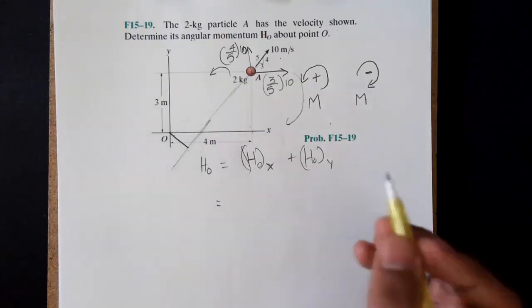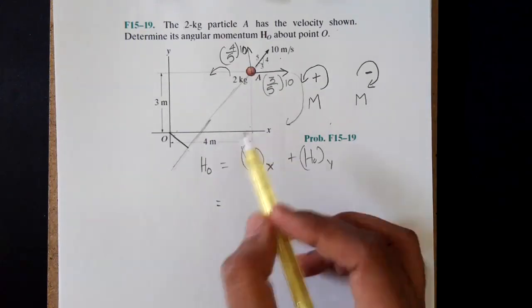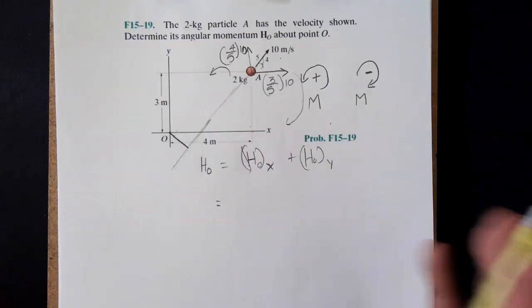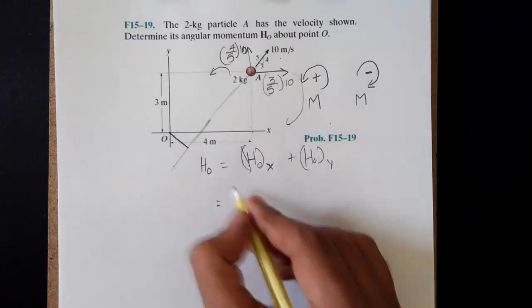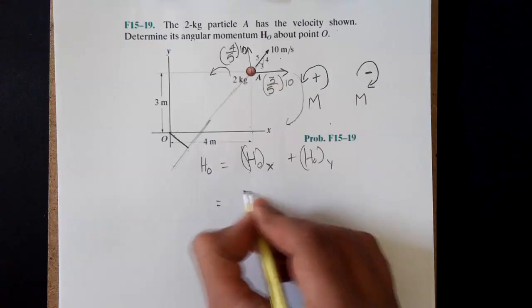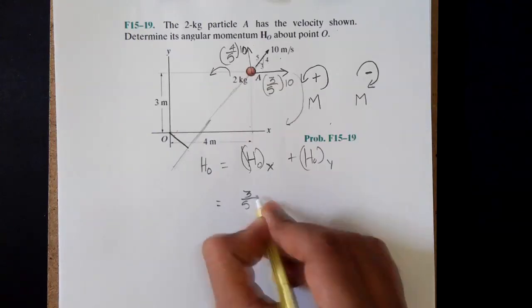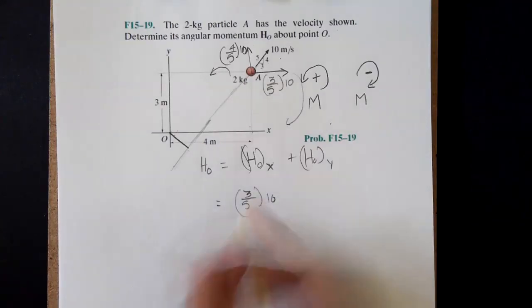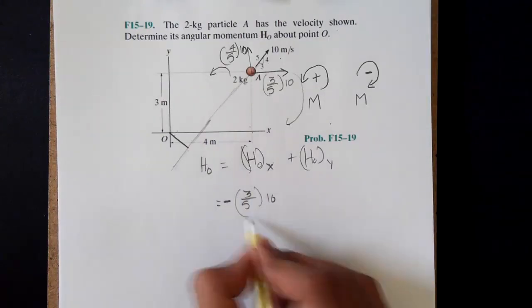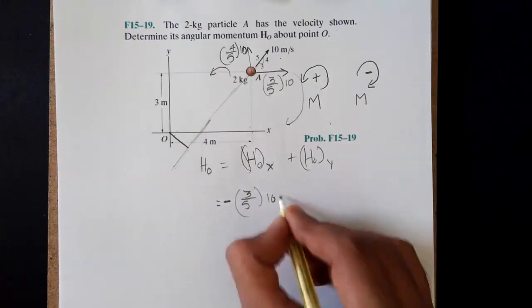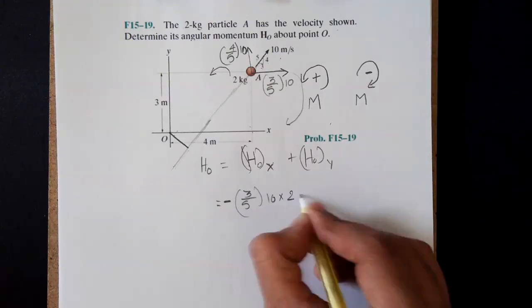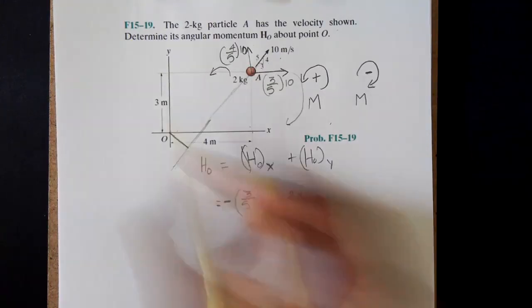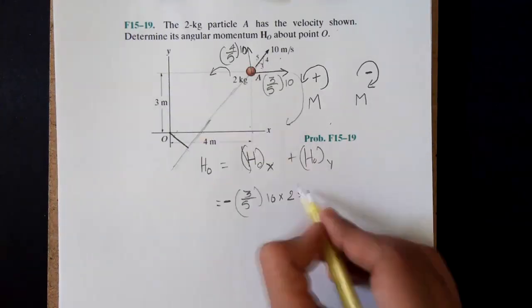We can actually also do the vector approach and calculate the cross product, but for that we need to calculate the determinant. So let's start with the horizontal component. So it's 3 divided by 5 multiplied by 10, and we put the negative sign here. So this is the velocity multiplied by mass, which is 2 kilogram, and multiplied by the distance, which is 3 meters for horizontal component.